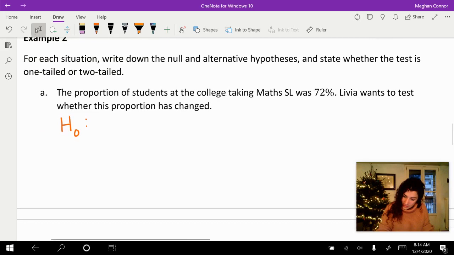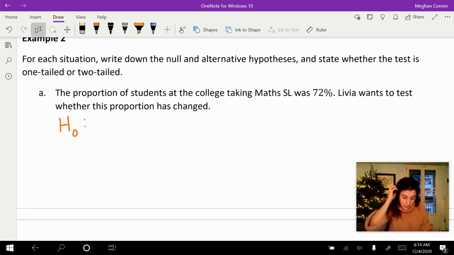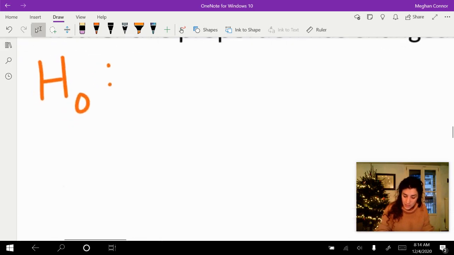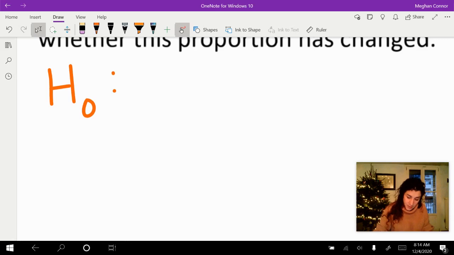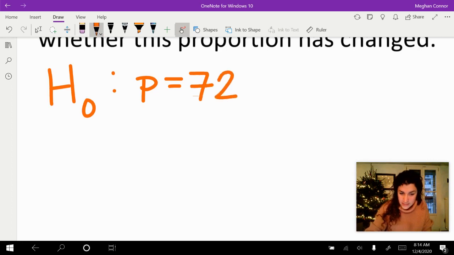And this is that the percentage, the proportion of students at the college, P, our proportion, has stayed at 72 as a percentage.